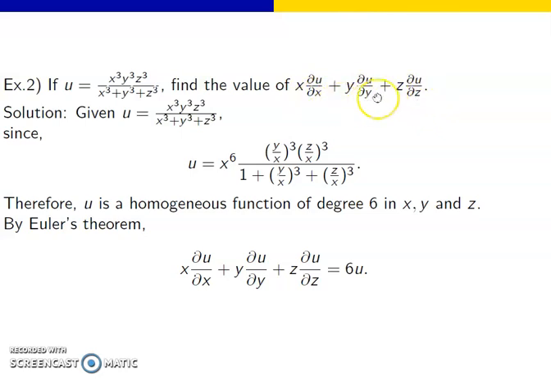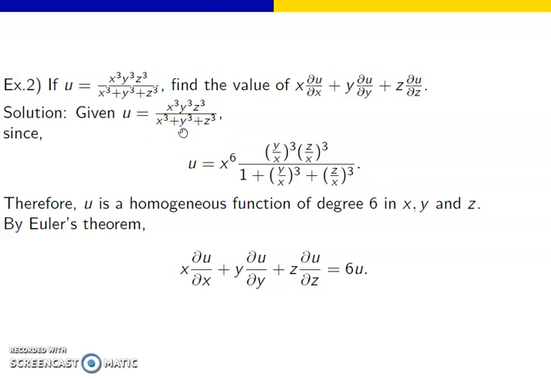And we already know this is equal to n into u only when u is a homogeneous function. So it is better to check whether the function is homogeneous or not. What is given? u equals x cube y cube z cube plus x cube plus y cube plus z cube.